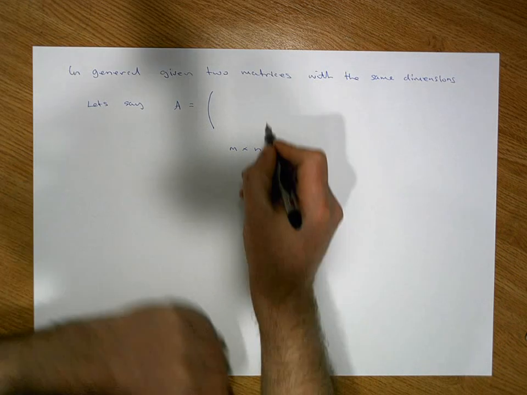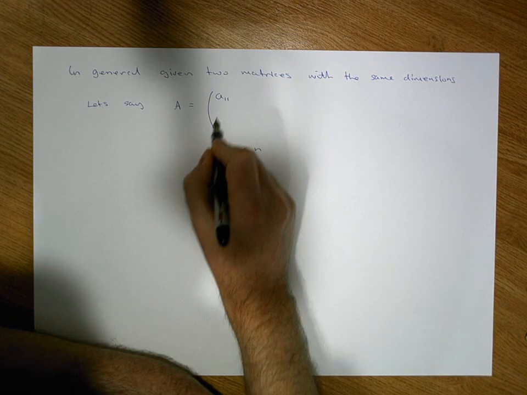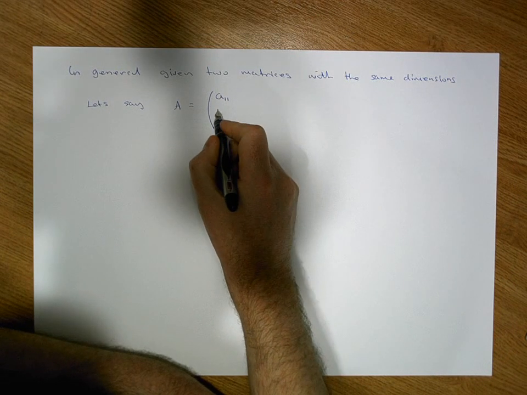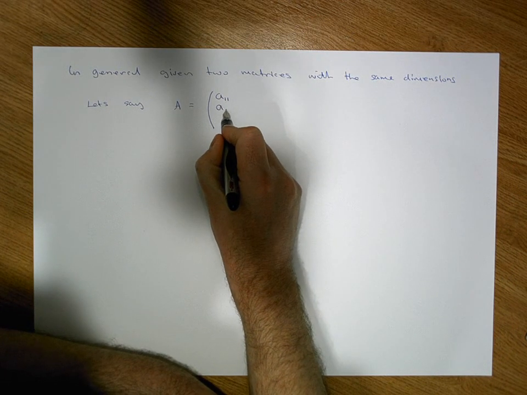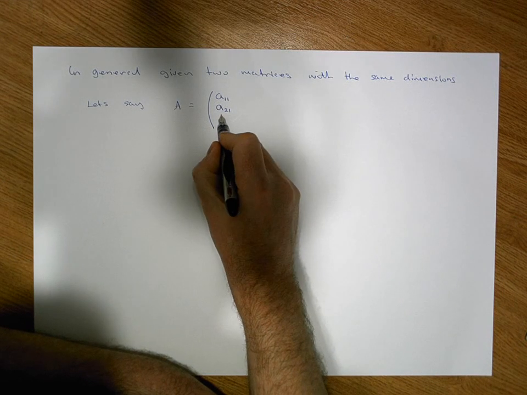The first entry would be A1,1, indicating that this entry is on the first row, first column. The next entry would be A2,1, indicating that this entry is on the second row, first column, and so on and so forth.